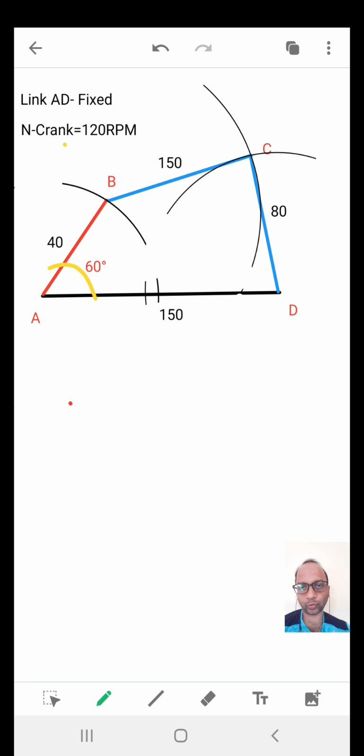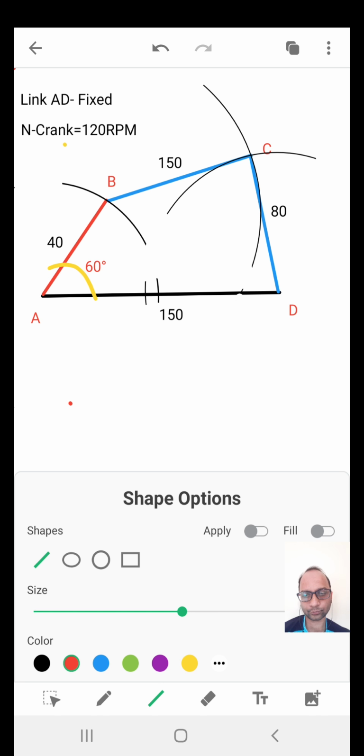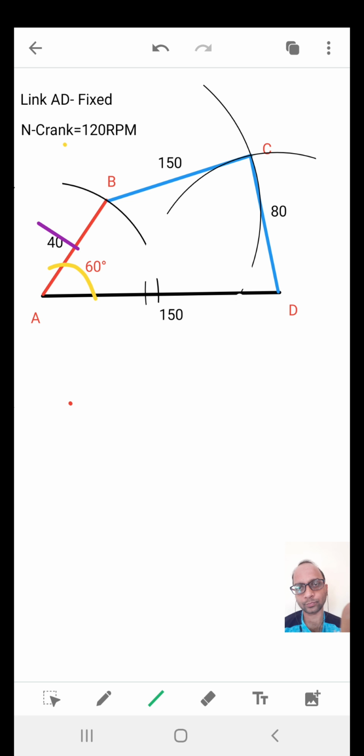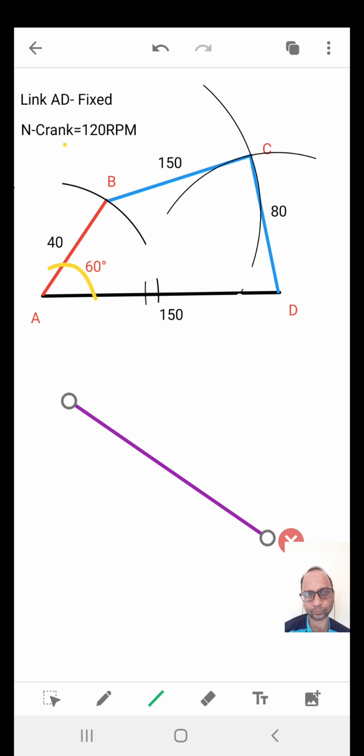From point A, we are going to draw a perpendicular line to AB from point AD. Okay, I just drew it.